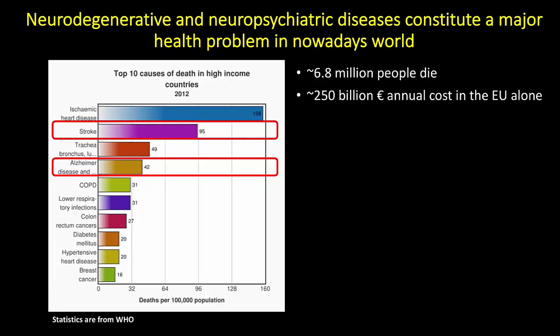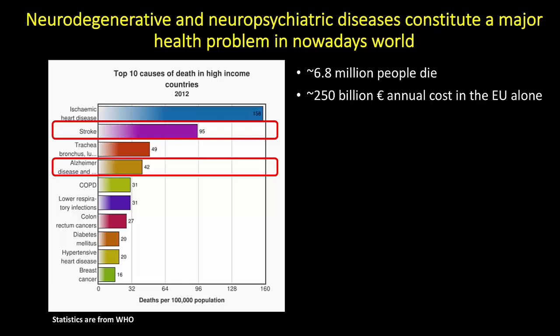Even though there aren't any effective treatments, the available care and medications cost about 250 billion euros annually in the EU alone. This number actually excludes the burden on family members, who suffer both financially and psychologically.